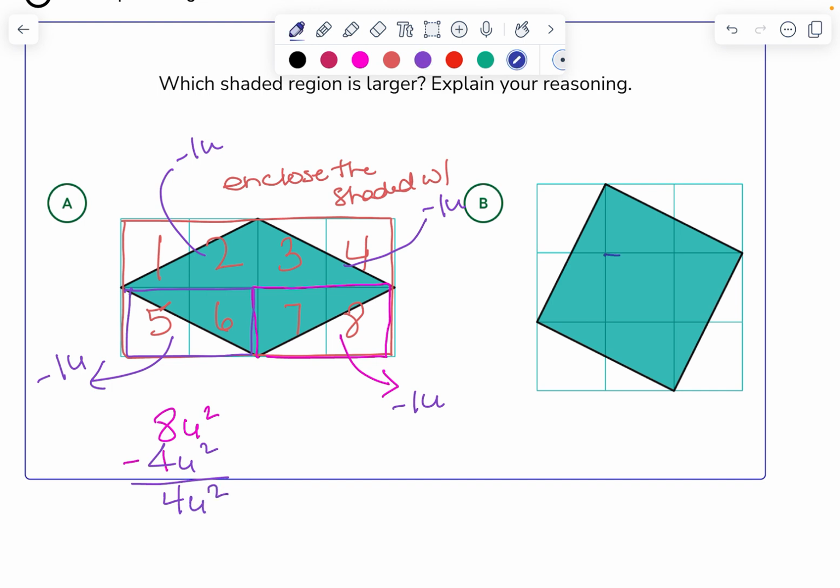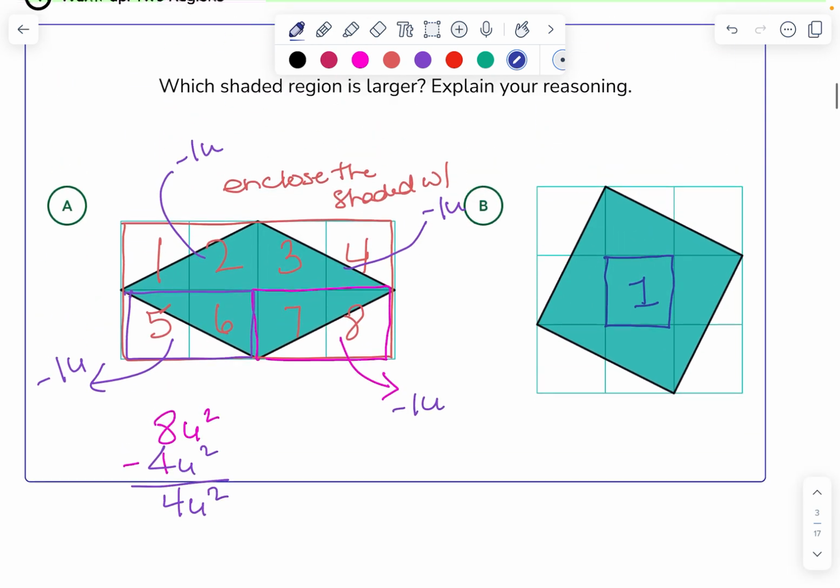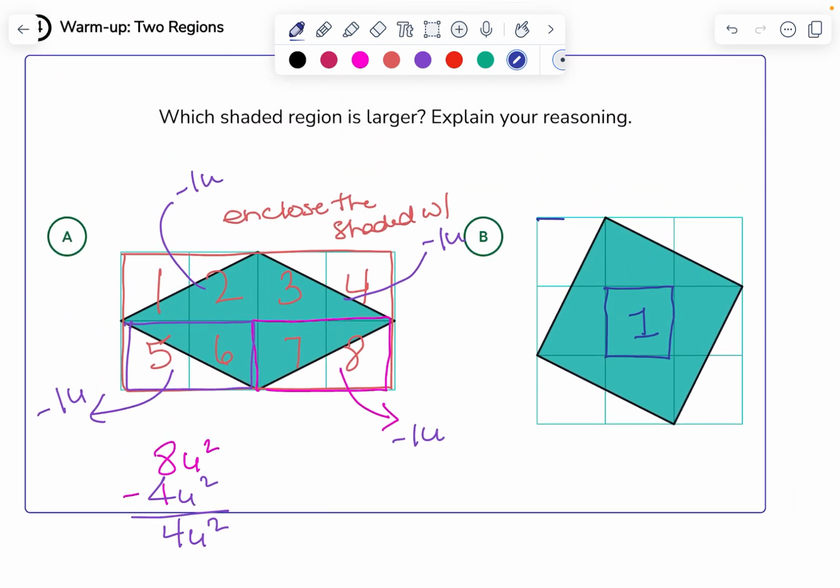And B, maybe you see it a little different. Maybe you see 1 complete square here. But then maybe you notice here's 2 squares. Only half is shaded in. So half of 2 is 1.